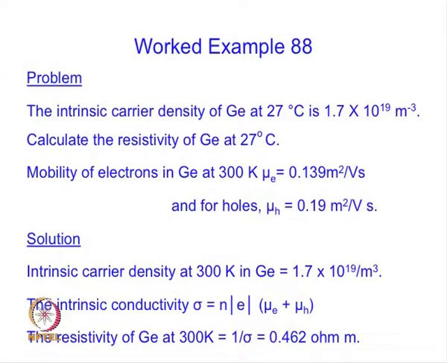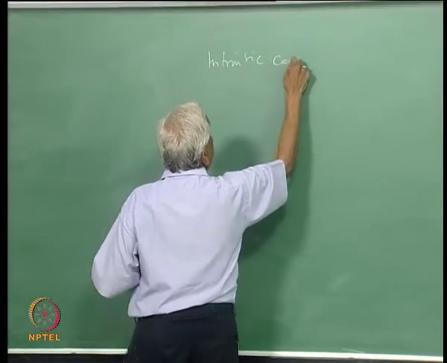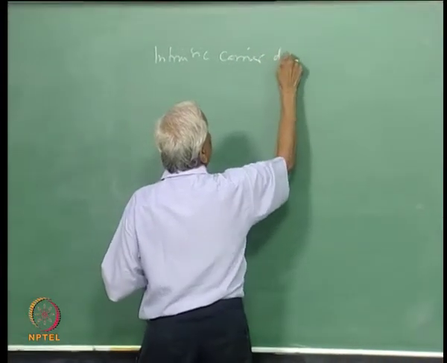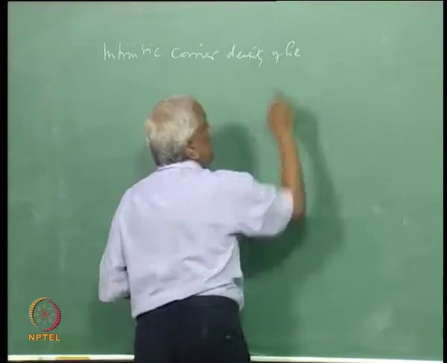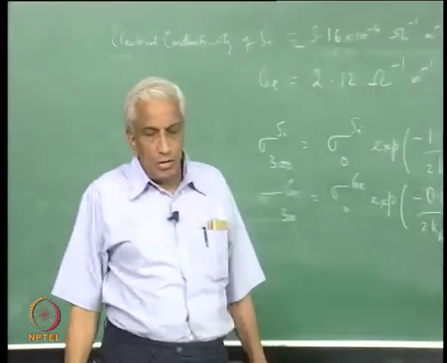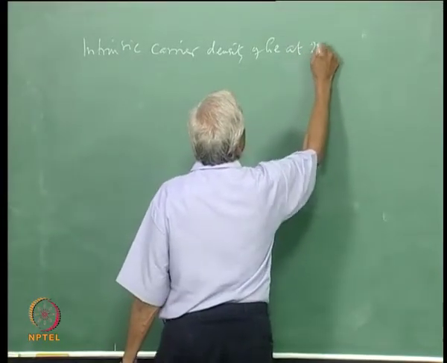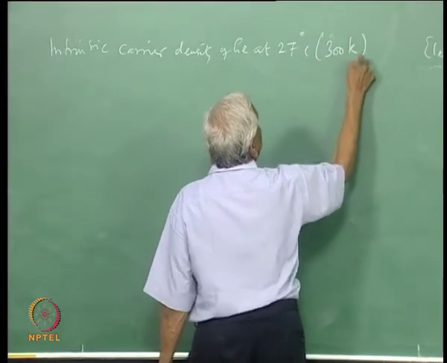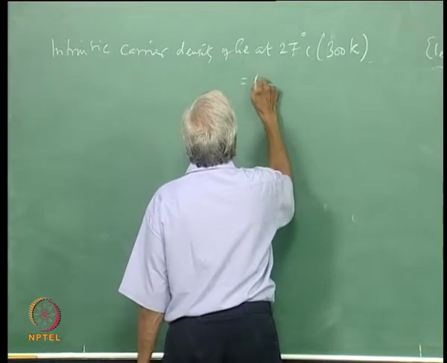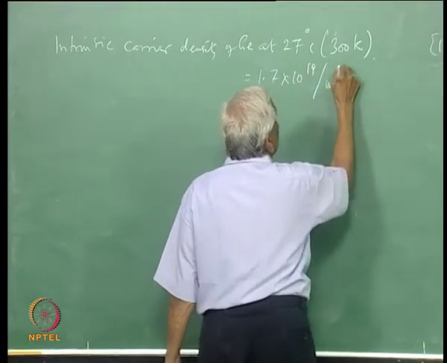Next, we are given the intrinsic carrier density of germanium at 27 Celsius, which is the same as 300 K, as 1.7 into 10 to the power 19 per meter cube.